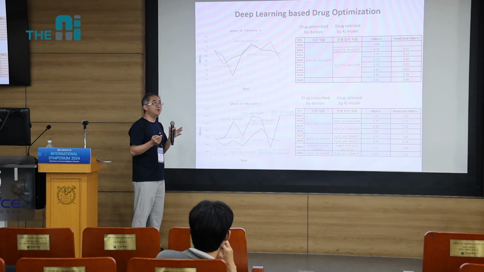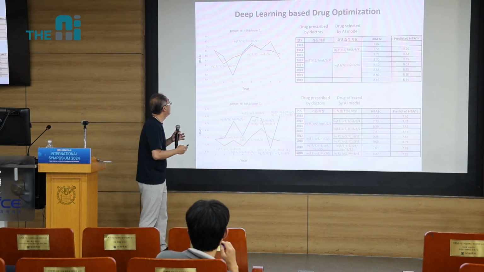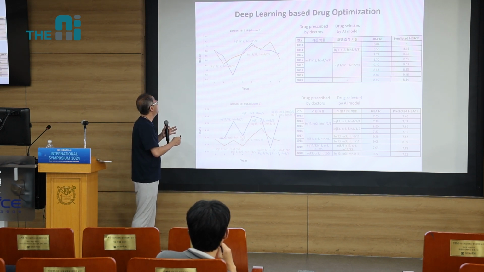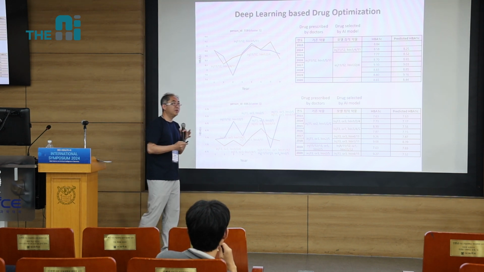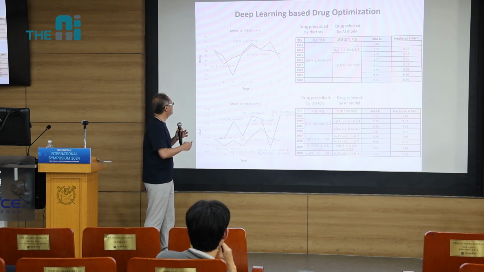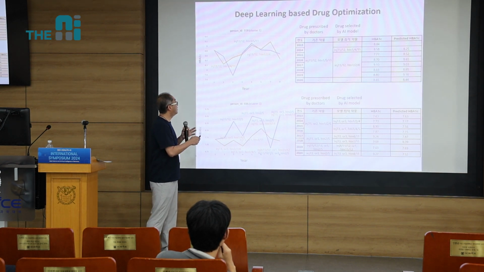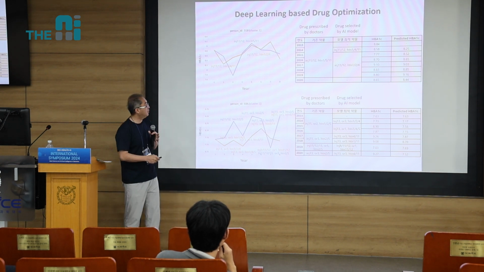So doctors don't know how these patients will go, because they haven't seen these kinds of patients many times. They don't have any knowledge of these patients. And the model also couldn't learn the proper knowledge for these kinds of patients. So both fail, actually. So we need to collect more data for this kind of patient to improve this AI model we have.